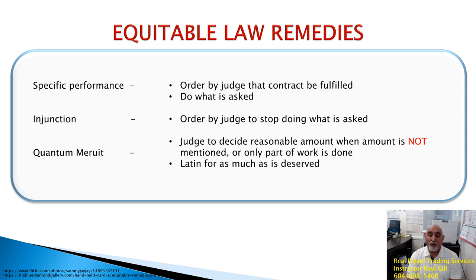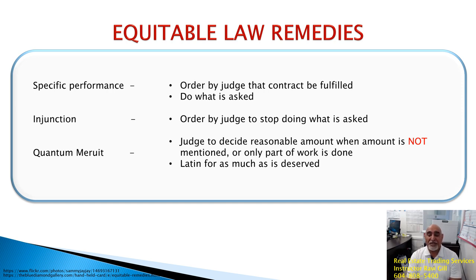Basically it's more of a contract remedy. In contracts, specific performance means whatever is in the contract, the innocent party wants that done, and the judge will order that the guilty party must fulfill the requirements of the contract.